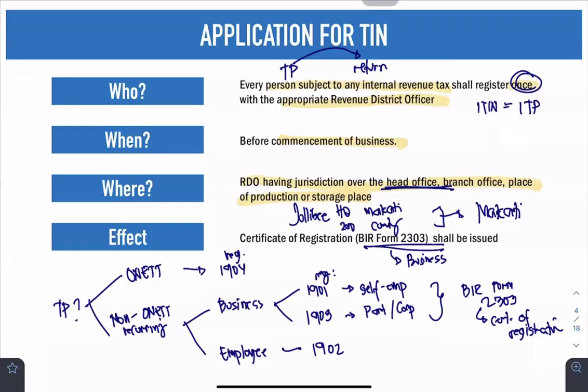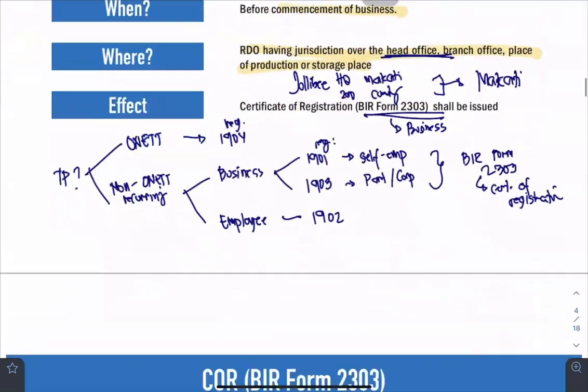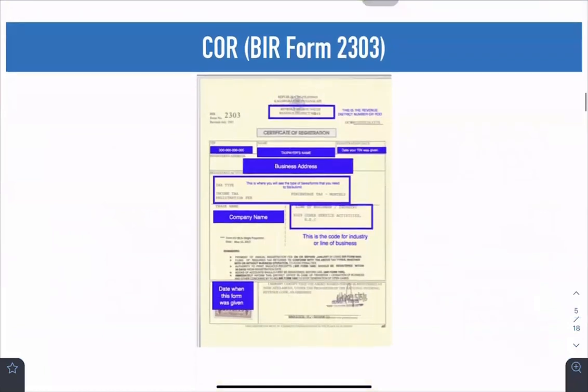So we're talking about BIR Form 2303 and what is BIR Form 2303. So this is your BIR Form 2303. On the top one, this is your Revenue District Office. So this is the place where you will register your business.